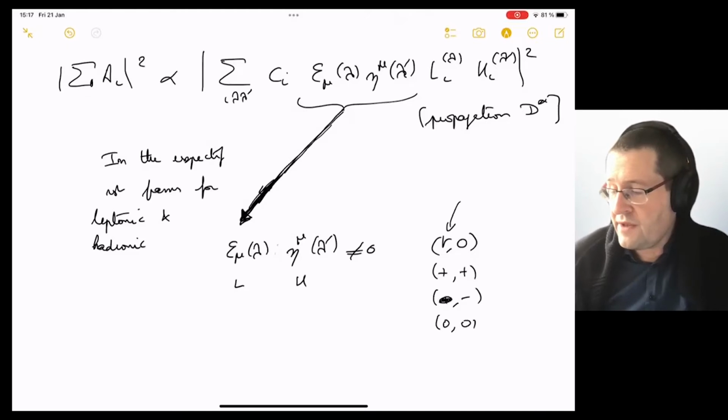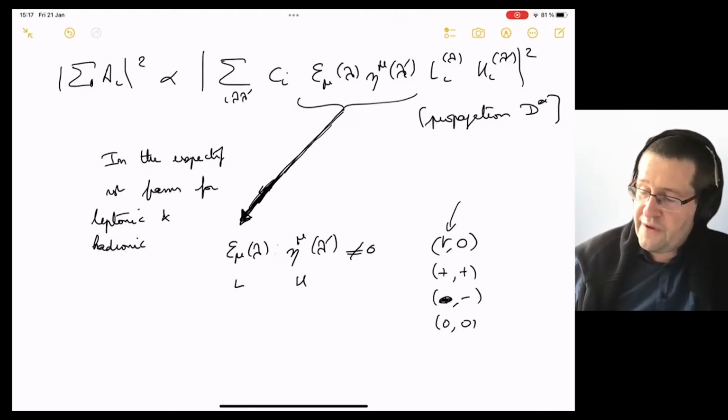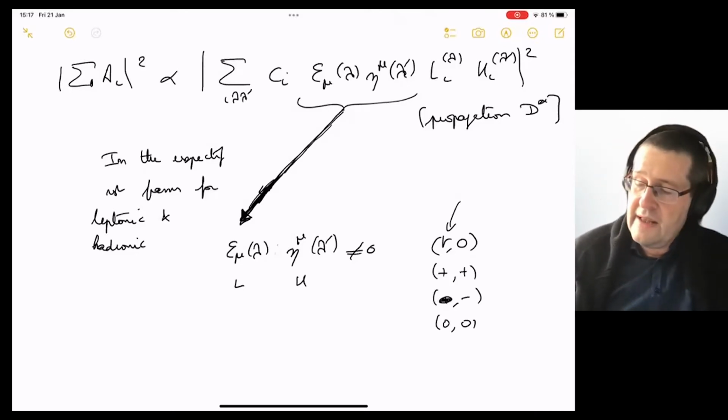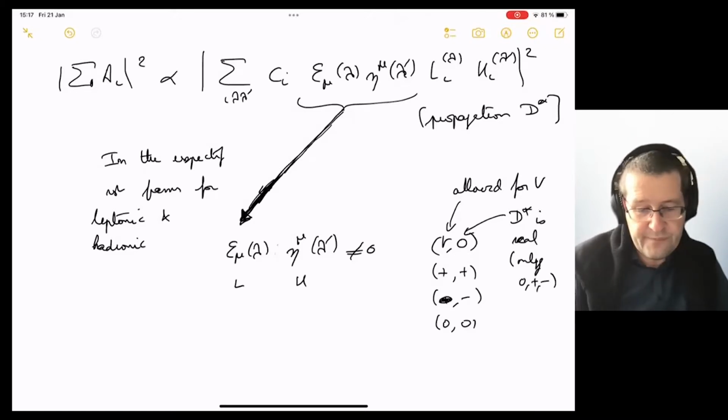So here T is still allowed for the virtual intermediate gauge boson, this W, whereas here D star is considered as being real, and so only 0, plus and minus polarizations are allowed.